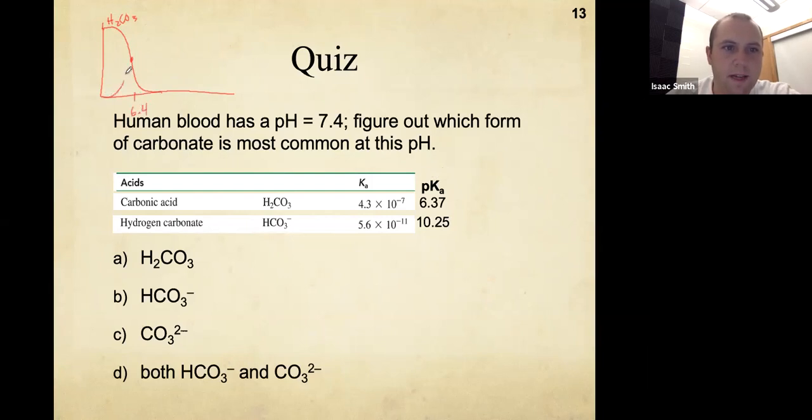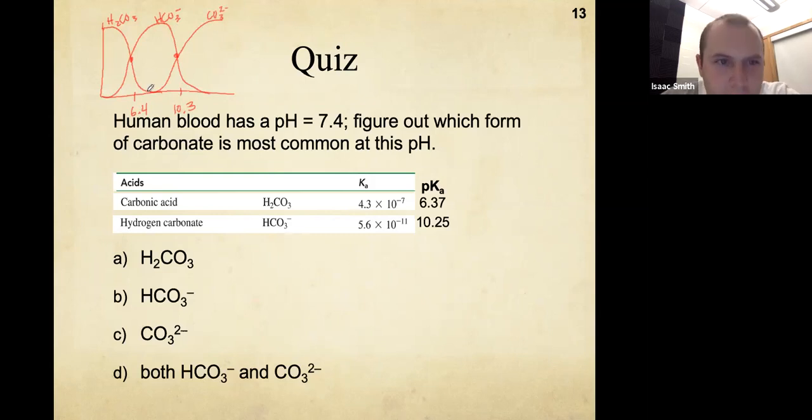Okay, so that means at that pKa, you have a 50-50 mix of carbonic acid and bicarbonate or hydrogen carbonate. And the pKa of hydrogen carbonate is about 10.3. So that means at that point you have a 50-50 mix of hydrogen carbonate and carbonate.